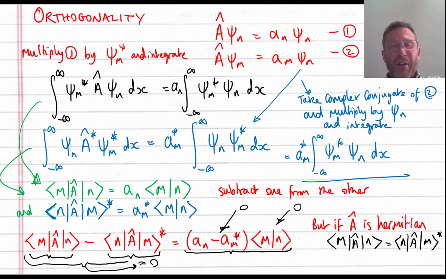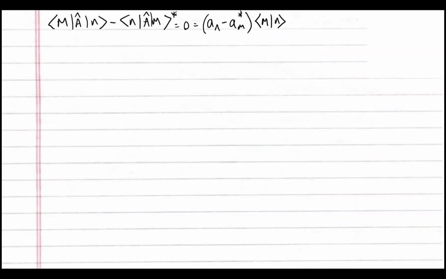So let's have a look at those possibilities. Either of these terms will be equal to 0. Of course, reminding ourselves of the Dirac bra-ket notation, the term on the right-hand side, dx, is equal to 0. This is one of the particular cases that could possibly happen. But let's explore this in a little bit more detail.